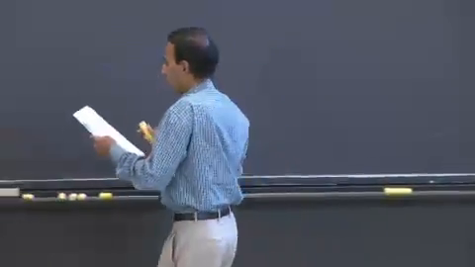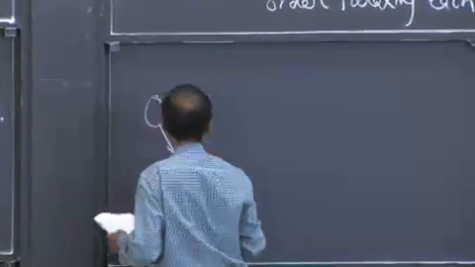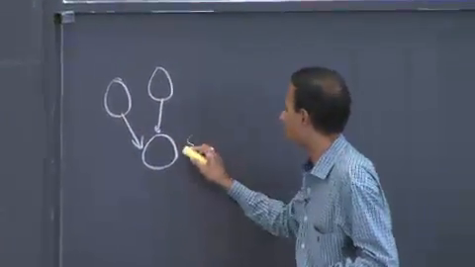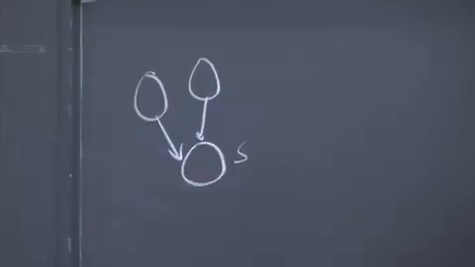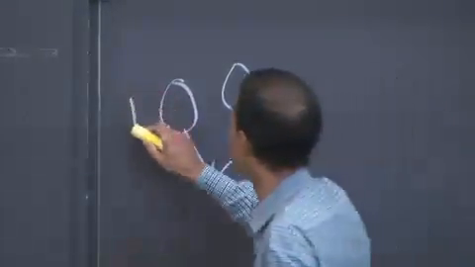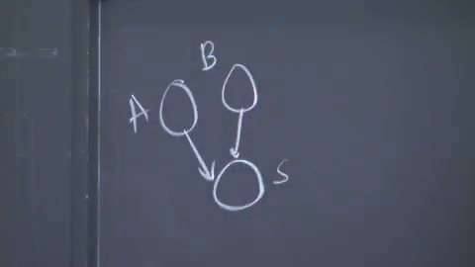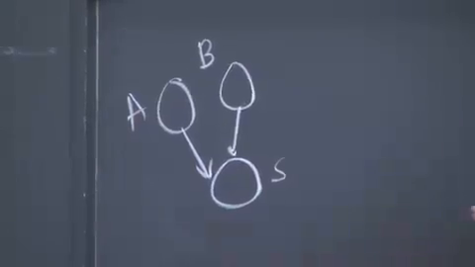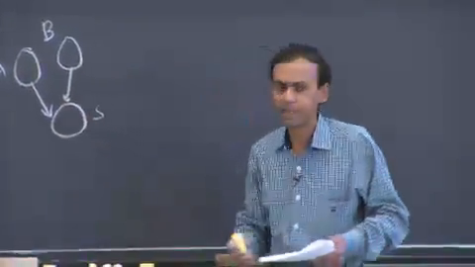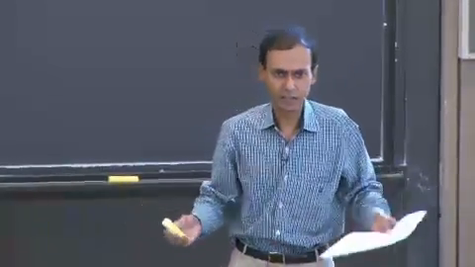So just as an example, suppose I have a DAG like this, and I mark this vertex as S, and I want to find the shortest path from S to these other nodes that are A and B. Well, they don't exist, right? So in this case, I'm going to have shortest path to A being infinity and shortest path to B being infinity, and this is a trivial example.